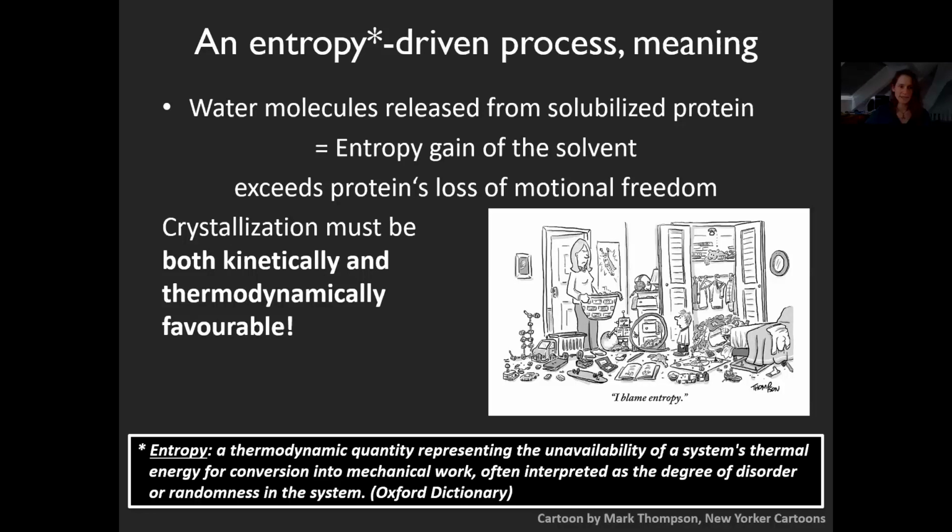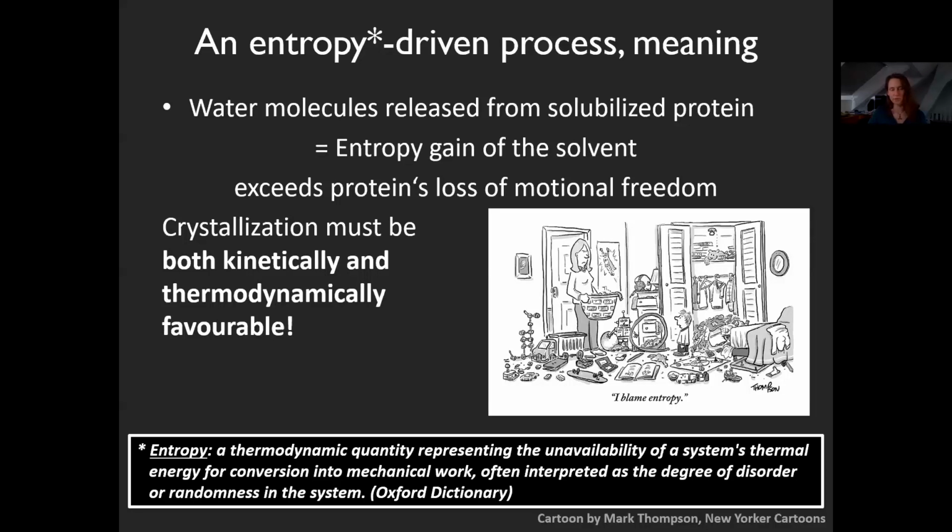What does that mean? So the protein is in solution and it is surrounded by ordered water molecules that bind weakly to its surface. So there is an entropy gain of the solvent if it leaves the protein surface as the protein crystallizes, and that entropy gain exceeds the protein's loss of motional freedom.